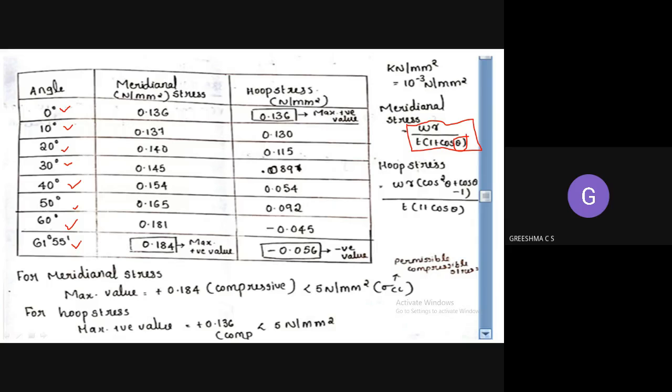Okay, so you have to find out all the values before this, and make sure that at 61 degree 55 minutes you are getting the maximum value.